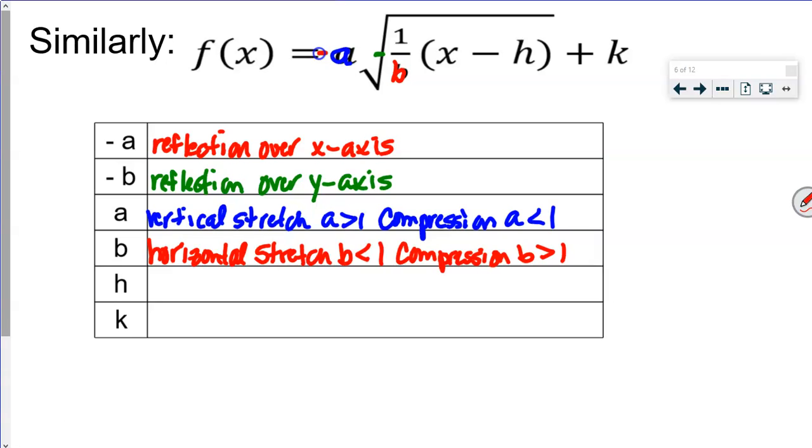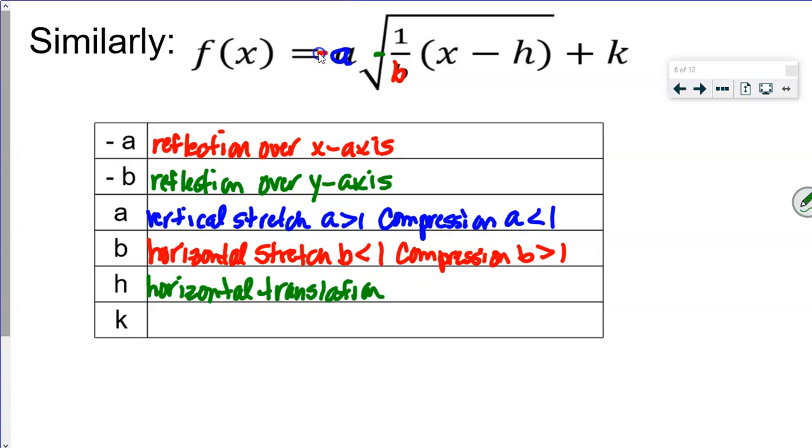And then again, remember that h is horizontal translation. So this one has to do with when h, okay, well, let's just say when it's positive. How about that?